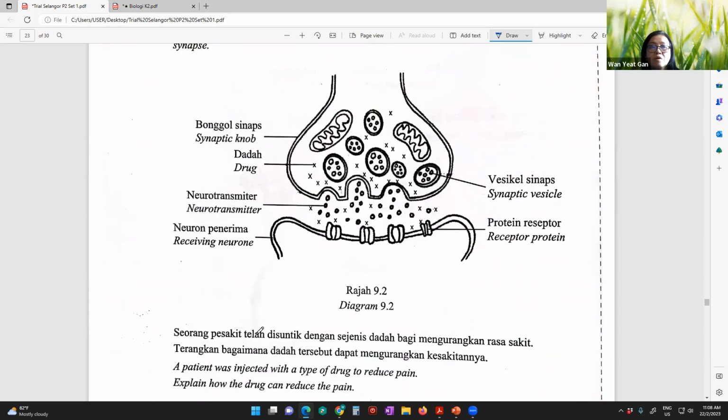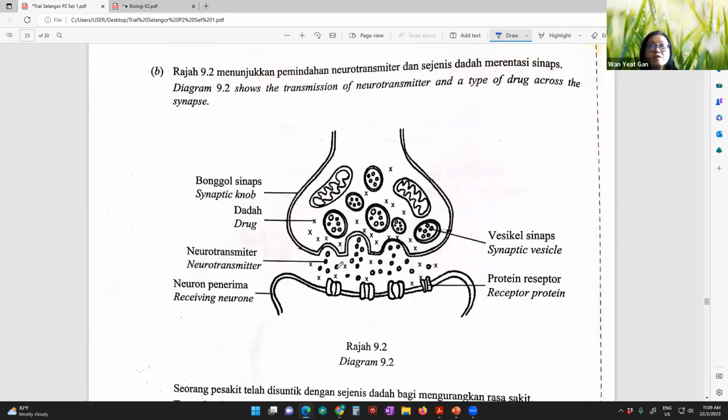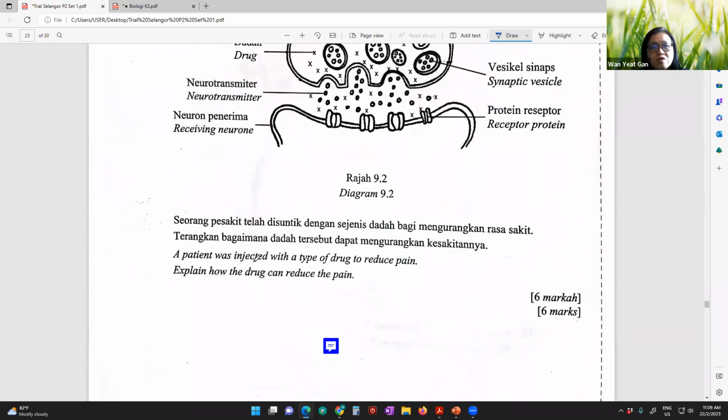a patient. This shows the transmission of neurotransmitter and the type of drug across the synapse. Okay, so a patient was injected with a type of drug to reduce pain. Explain how the drug can reduce the pain.